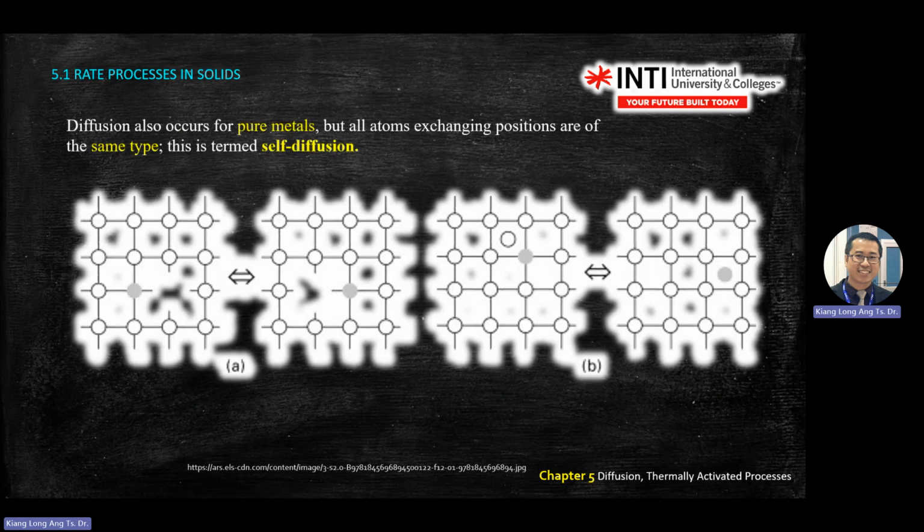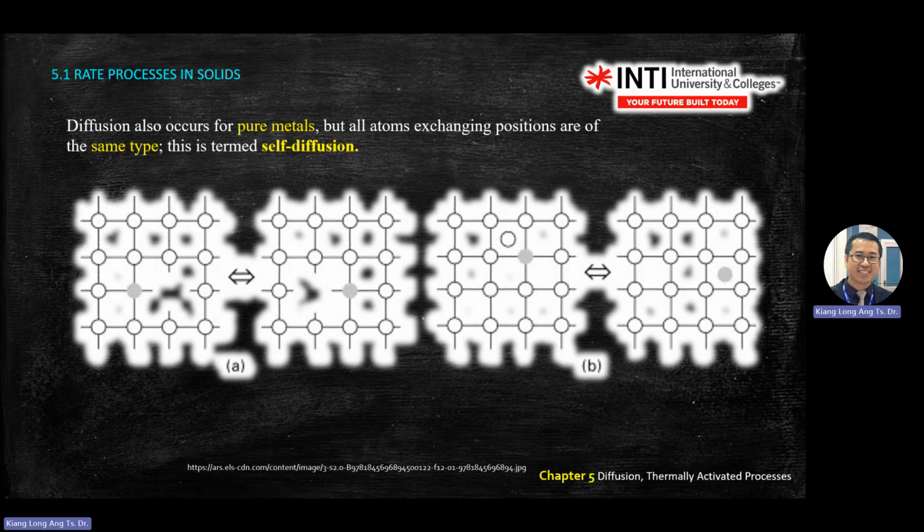Diffusion also can happen when the impurity or the atoms outside the cubic cell go and replace the atoms. Then this one is kicked out. This is also called diffusion.